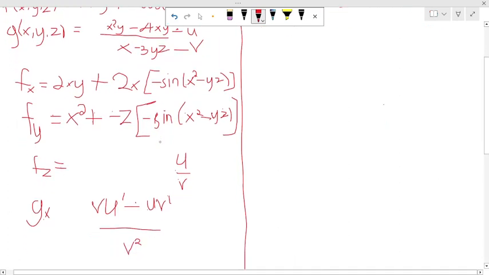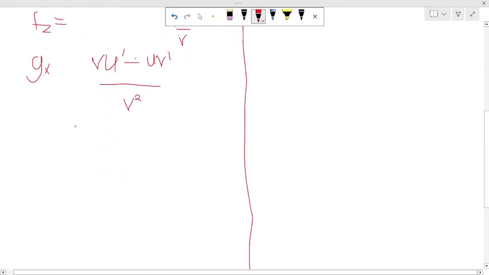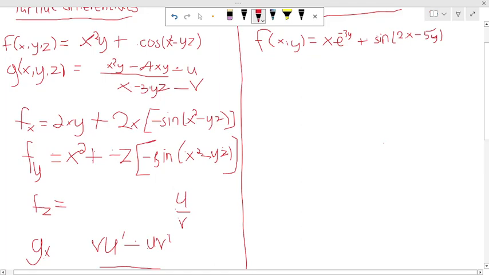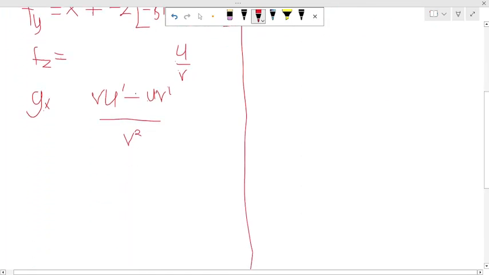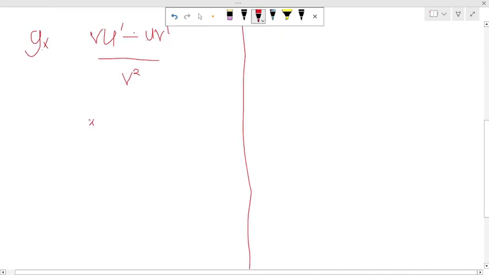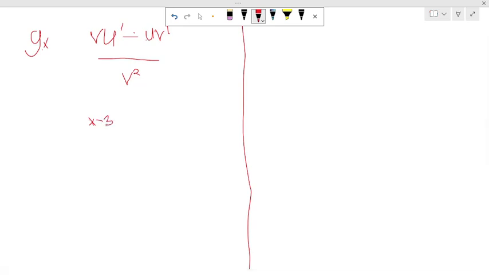So from the quotient rule, we have v, and our v is given by x minus 3yz.